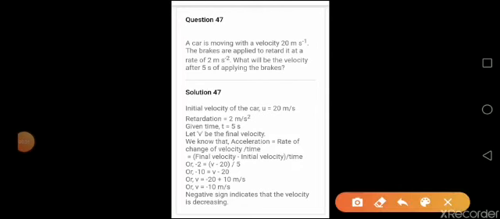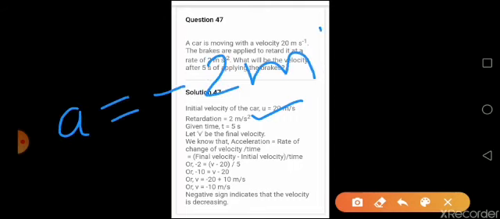Now let's start with question number 14. A car is moving with a velocity of 20 meter per second, that is initial velocity u is given. Now when you come to the second point, when brakes are applied, it is retarding at a rate of 2 meter per second square, which means that retardation is given to be 2 meter per second square. But I suggest, other than writing retardation, for you to solve it easily in your numericals, it is better to write a is equal to minus 2 meter per second square, because in the equation we are going to substitute it with a.